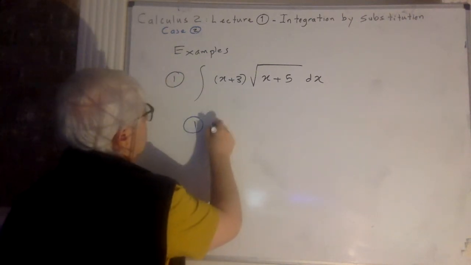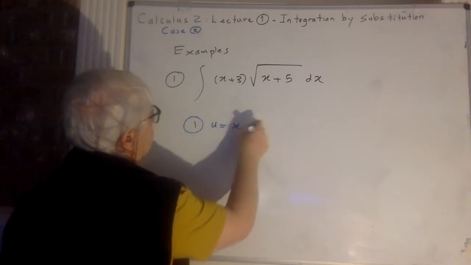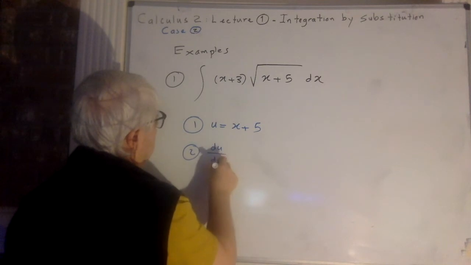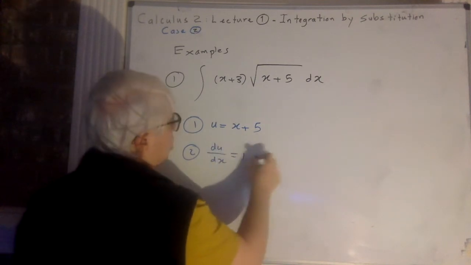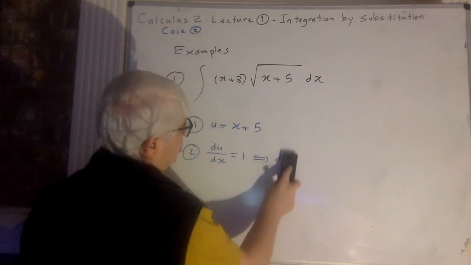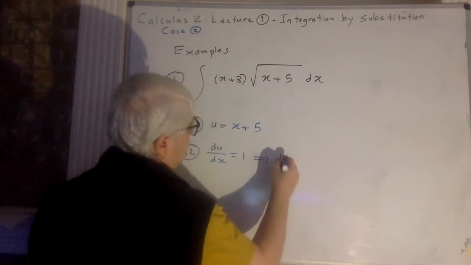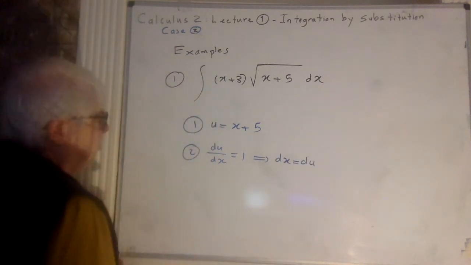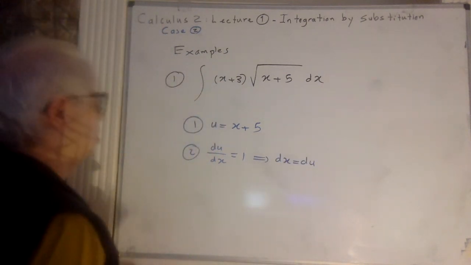So if you start with substitution, which is correct, in fact, we should use substitution. So let u be x plus 5. Then you say, okay, du dx, I know that. It is 1. So this gives me that dx equals du. Then you get stuck.